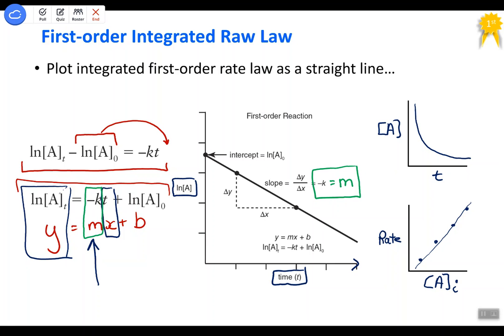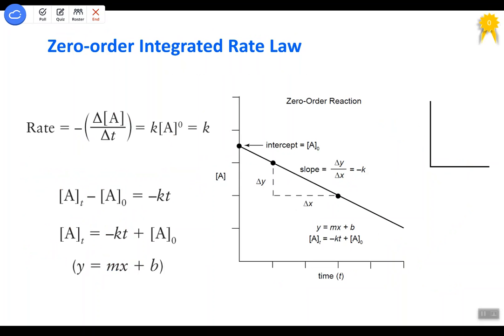Now, if we just plotted the concentration of A according to time, we would get a curve, which is just a little bit harder to analyze. But if we plot the ln of that concentration, we get a nice straight line. And this is diagnostic. If we see this type of pattern in our data, we know that we have a first order reaction. Well, what if it's a zero order reaction?